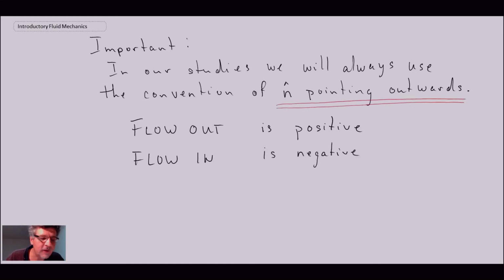And that results due to the dot product that we had, v dot n. As a result of that, if n is always pointing outwards from a surface, and the velocity is moving in a similar direction, that would be a positive flow rate out. If the velocity vector is moving in the other direction, that would give us a negative value, because there we would have volume flowing into the surface. But that is just the convention that we will use in fluid mechanics within this course.